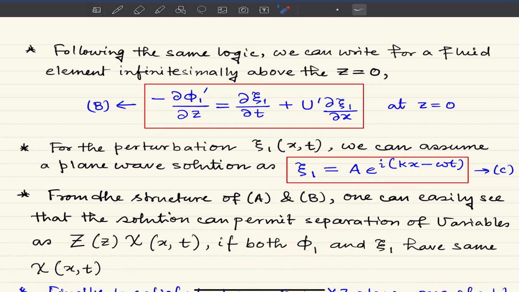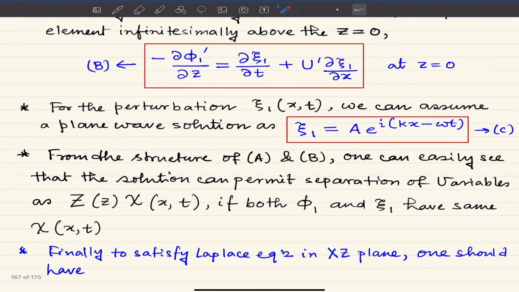And to be very honest, in the x and t directions there are no sources; the perturbation is made along the z direction. That is true.